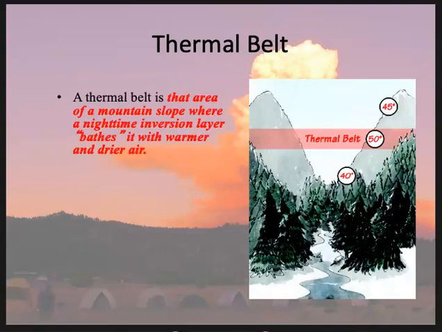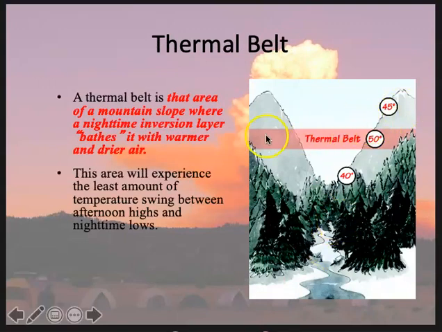Now, I mentioned that you can sometimes have a warm belt, and in valleys in the mountains, like in Yosemite or Kings Canyon, you can sometimes get these thermal belts where a nighttime inversion layer bathes it with warmer and drier air. So this area can experience the least amount of temperature swing between the highs and the nighttime lows because of a thermal belt.